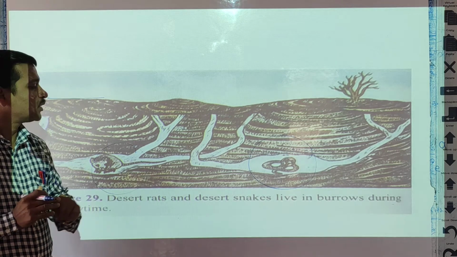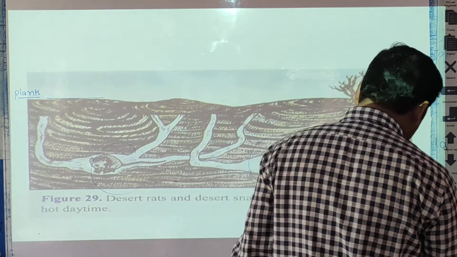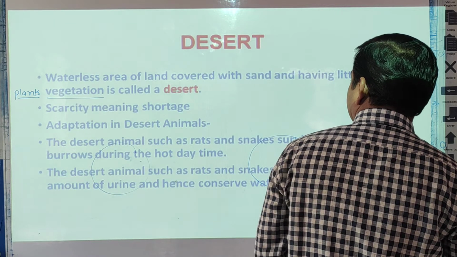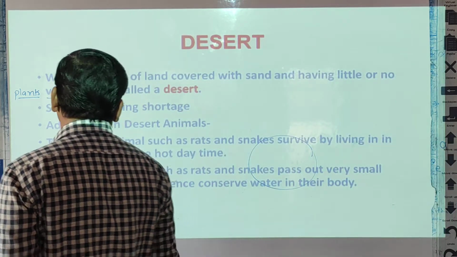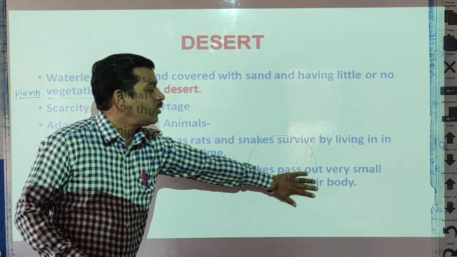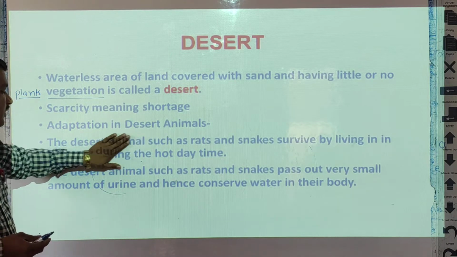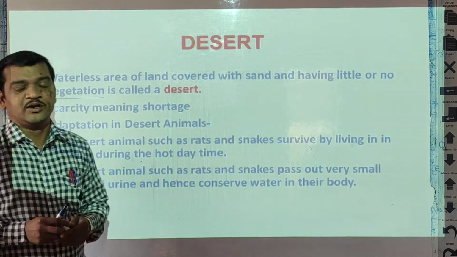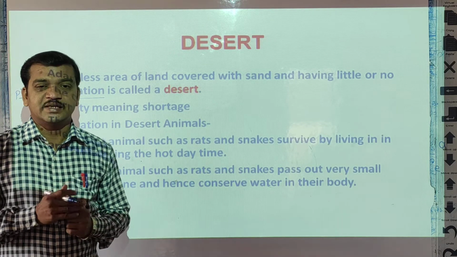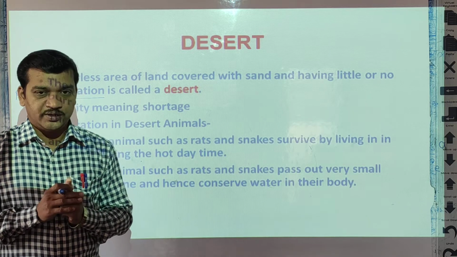Okay students, now another example. The desert animals such as rats and snakes pass out very small amount of urine. As we know, in desert area water is very less, and these animals, like rat, snakes, camel, conserve water in their body.